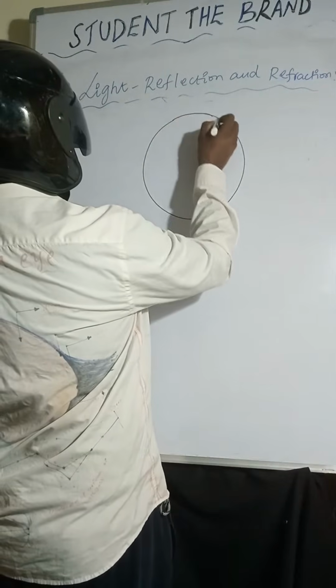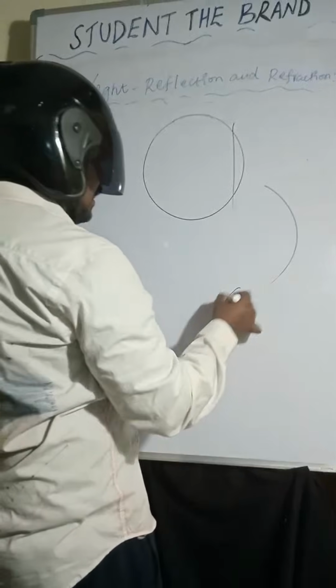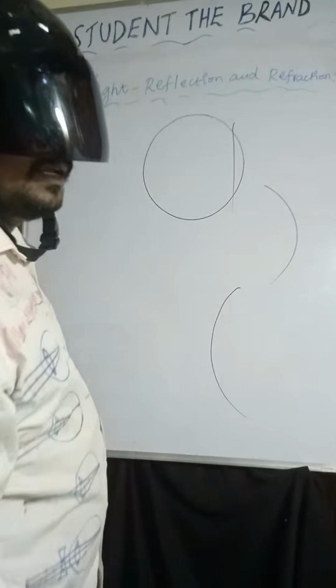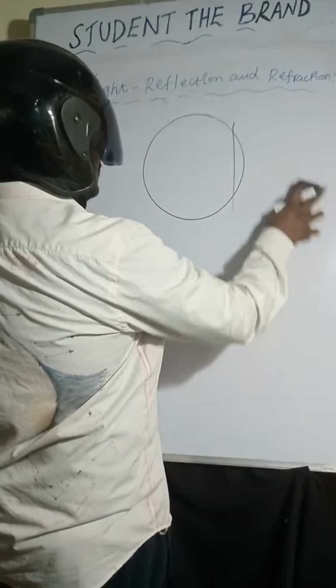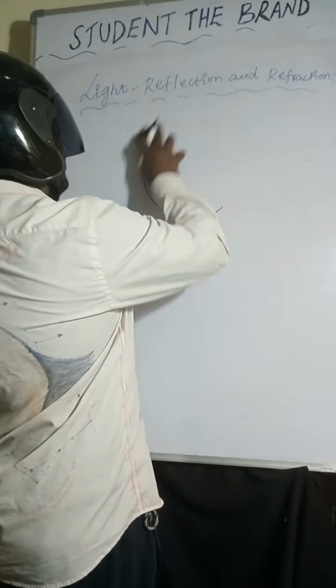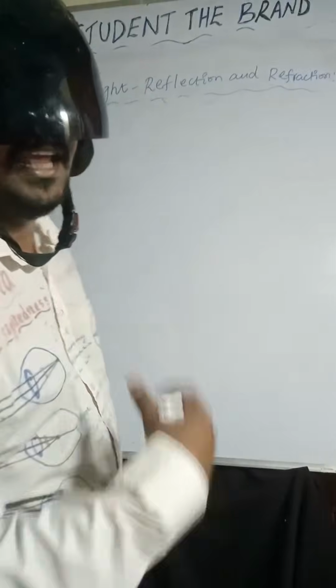Depending on reflection of light, mirrors are divided into two types: one is concave mirror, another one is convex mirror. Sir, what is a concave mirror and what is a convex mirror? A concave mirror is the mirror whose reflection takes place inward.